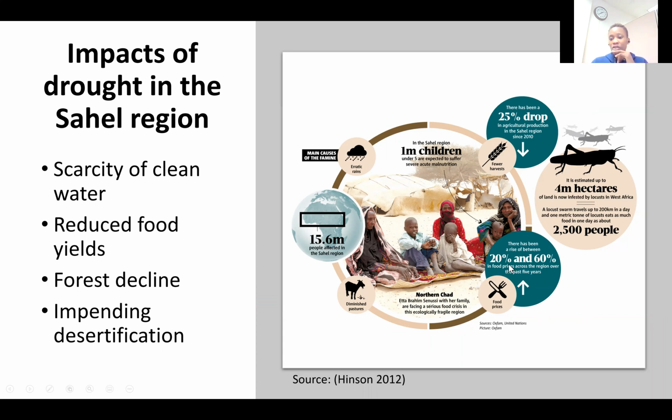It has caused a 20 to 60% increase in the prices of food, an increase in the amount of locusts that affect plants, a 25% decrease in food production, and the list is endless. So drought is a very, very important issue in West Africa that has to be dealt with before it causes desertification and leads to more harm in the region.